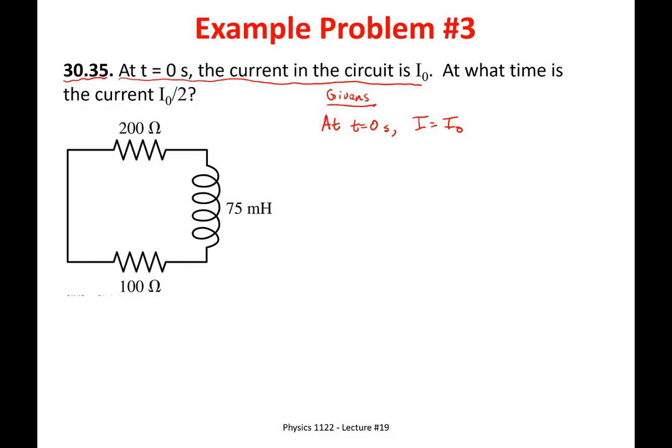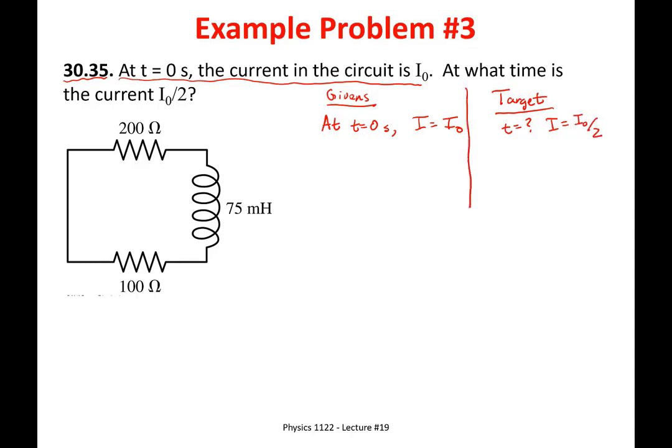But now the circuit has been closed and the current is going to begin to fall as a function of time. And the question is, at what time will the current be half of its initial value?